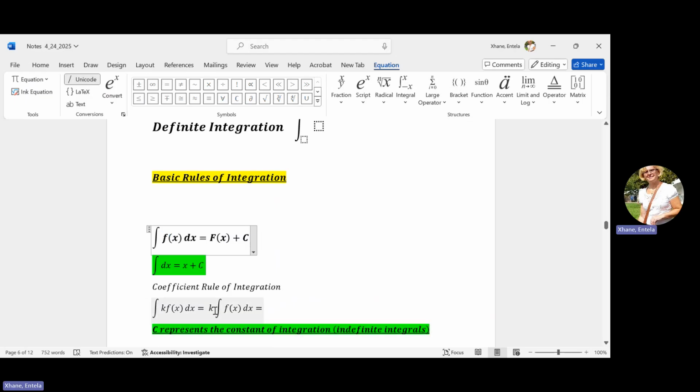So if I have a rule known as the coefficient rule of integration, we do not integrate the coefficient. We take the coefficient out, so we are only integrating f of x. So this is going to be k multiplied by F of x plus c.